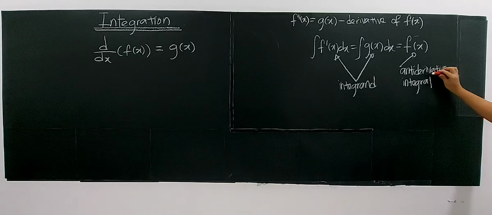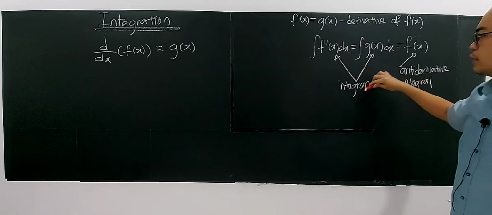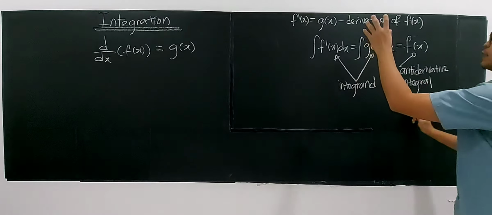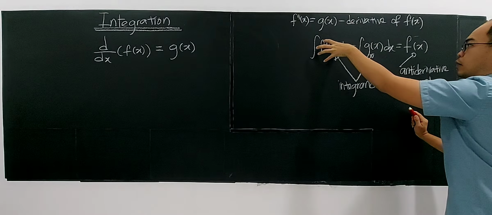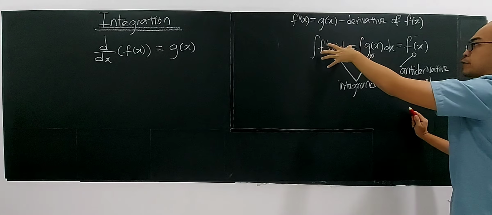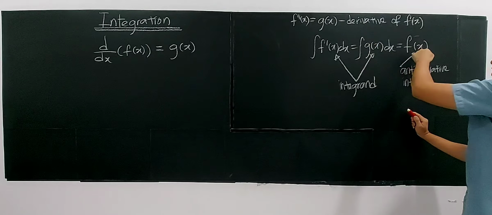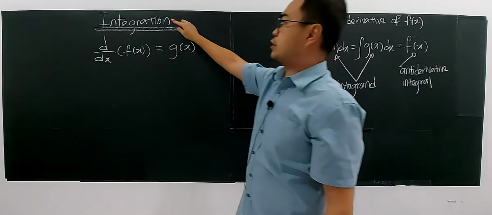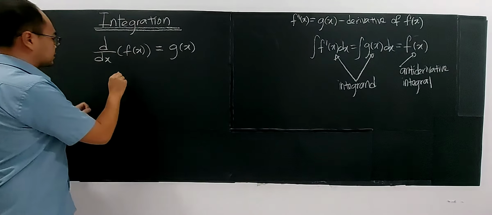So there is a name called antiderivative or integral, and this is the integrand. The process of integrating the integrand with respect to x, and getting back the antiderivative or integral, is named integration.